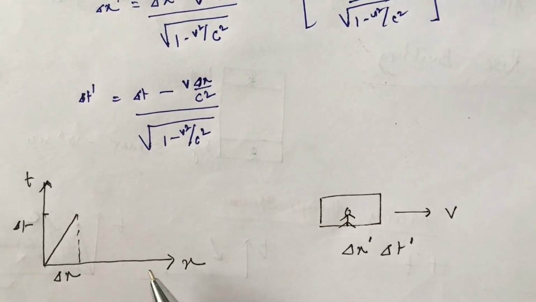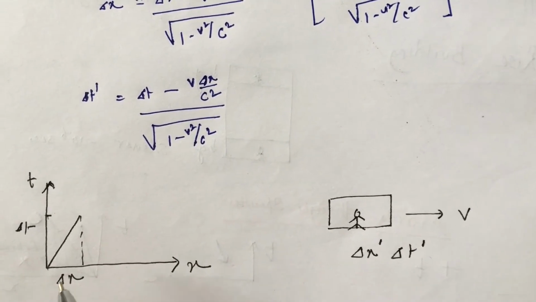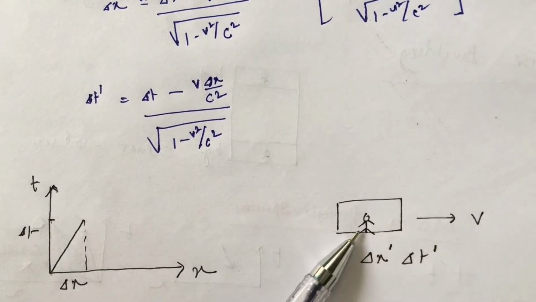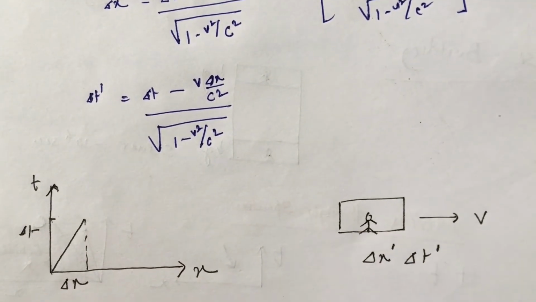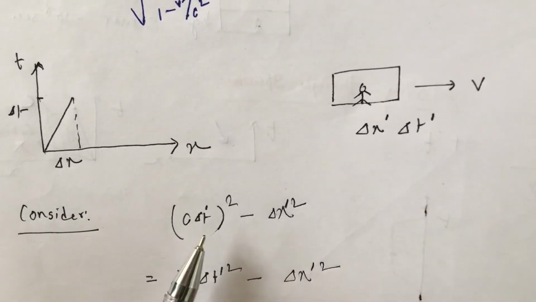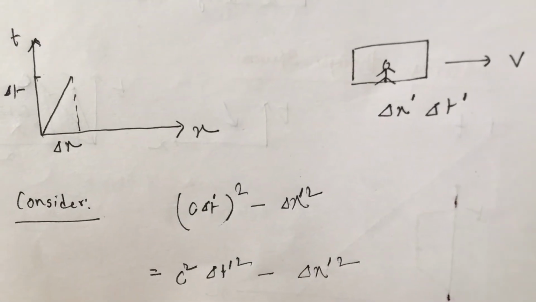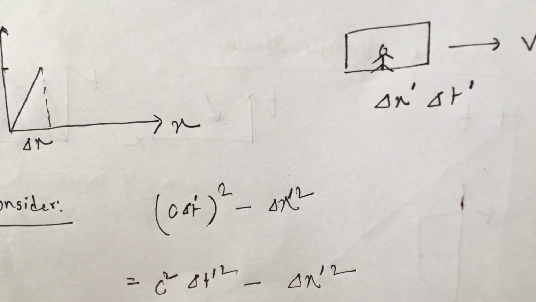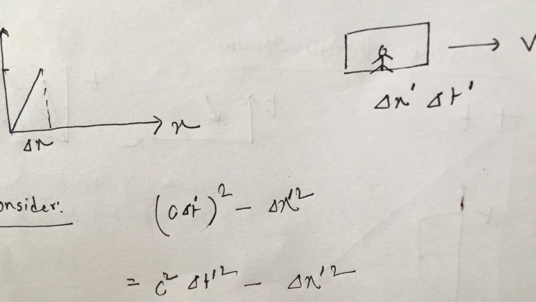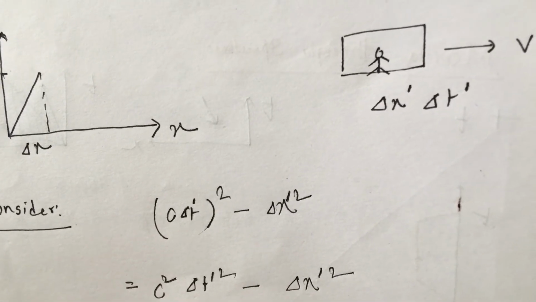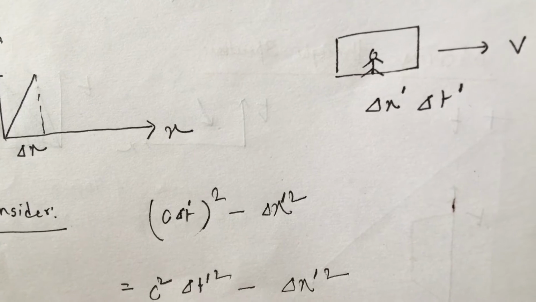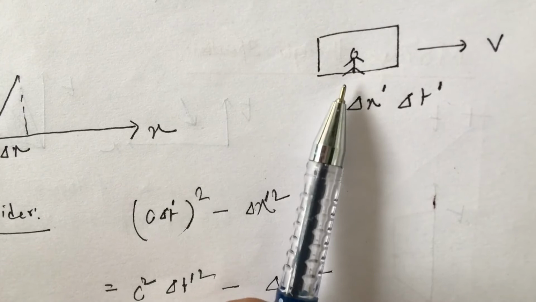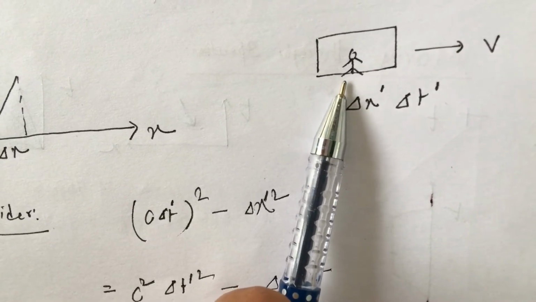So for this kind of diagram, where I am sitting here and the observer is sitting inside a spacecraft moving with speed v, I want to find out this quantity, c delta t prime whole square minus delta x prime square. I would like to see what will be the value of it. Delta t prime is the measurement of the time interval measured by this person inside the spacecraft.